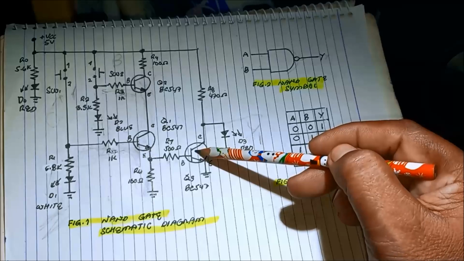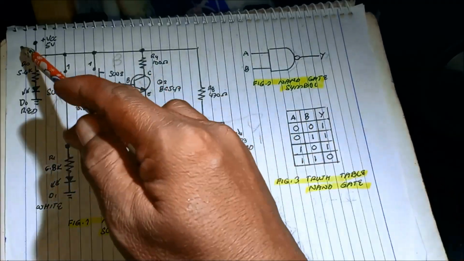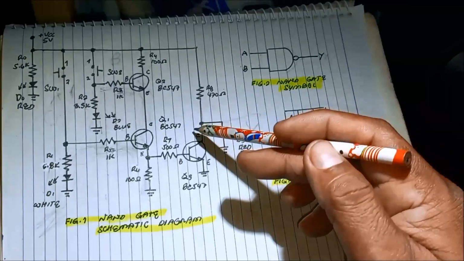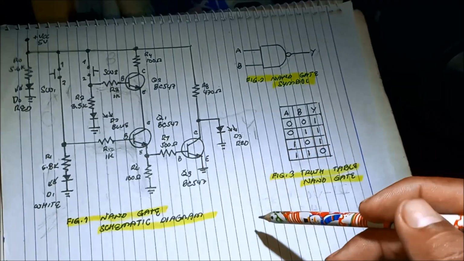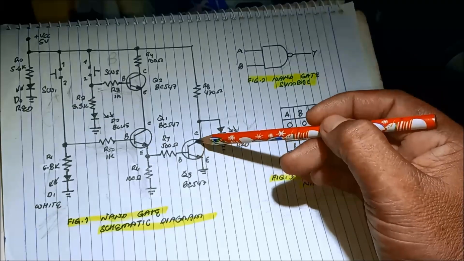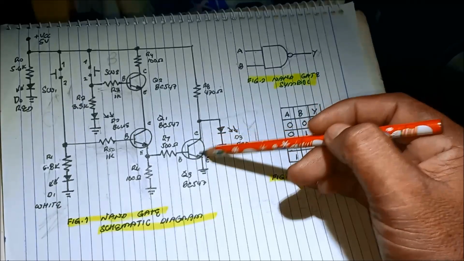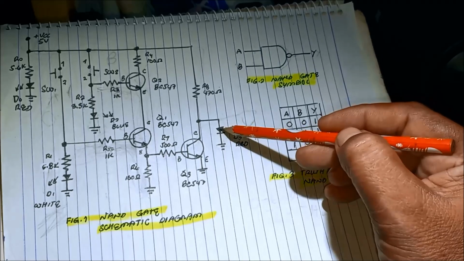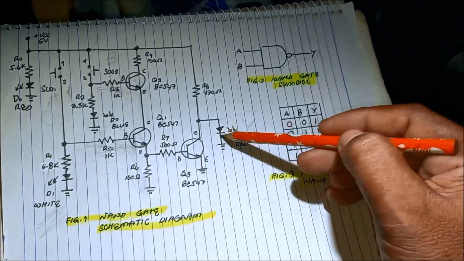If transistor 3 turns on, current now flows into the 470 ohms, collector to emitter, and then to the ground. This transistor now turns on, making the LED bypassed, so it turns off.